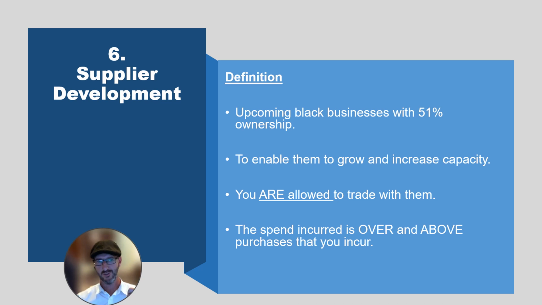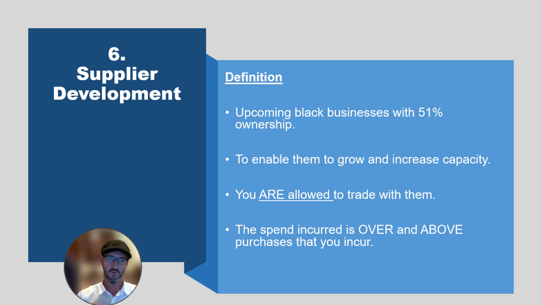If I want to use them as supplier development, I still buy the 100,000 Rand, but then I go and I add another 100,000 Rand for them to buy new equipment or machinery, or for them to implement a financial system, or whatever the case is. In some shape or form, I need to be able to prove that I've increased their business capacity and that I have spent this money.